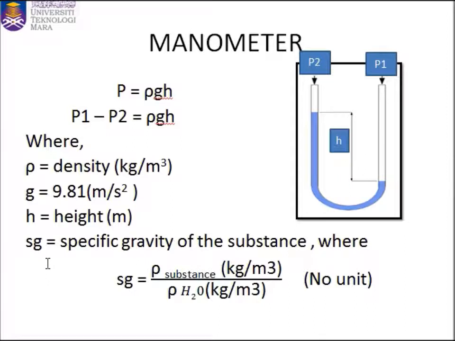And SG is the specific gravity of the substance, where SG equals rho of substance divided by rho of H2O.